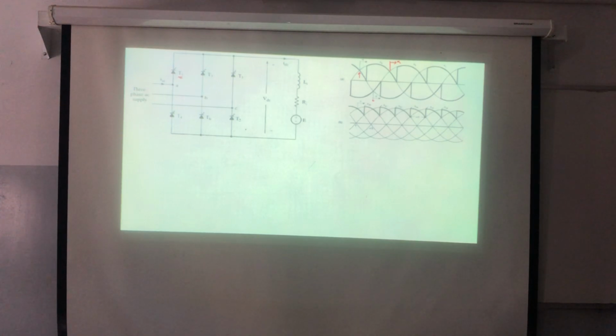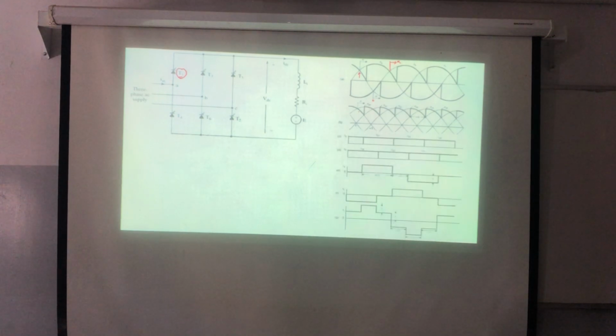Now let's see. At first, let's assume that I will fire T1. But before, T6 was conducting because this is a cycle. So at this instant I'm firing T1, which is switch number 1, but remember that T6 was also conducting. So from here to here, what switches are conducting?